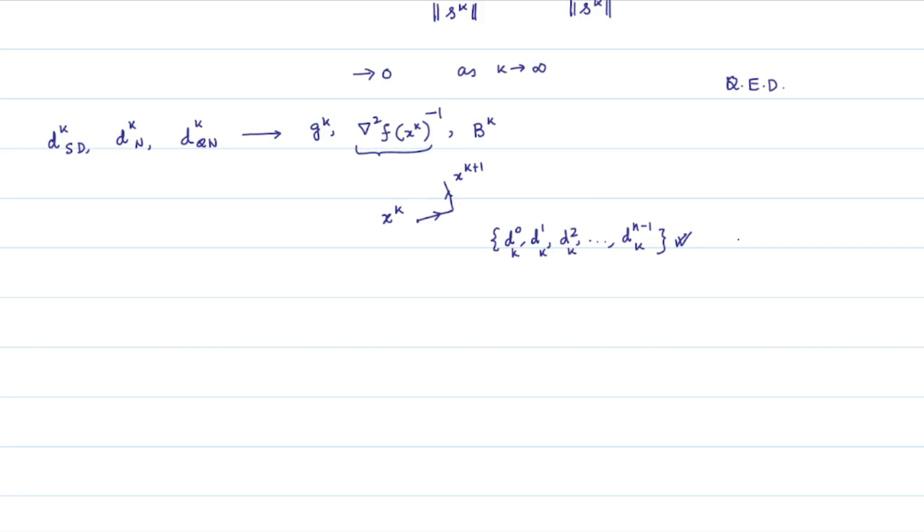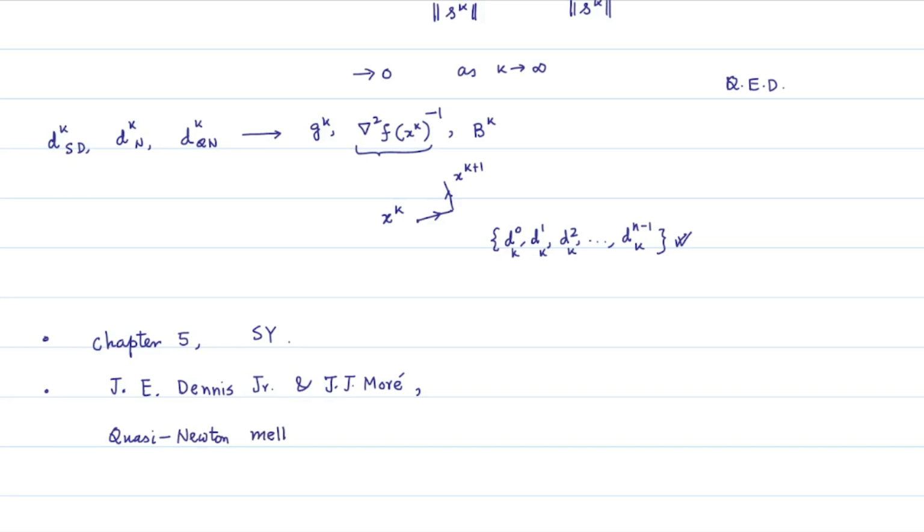And here I must mention that for a more detailed convergence result of the quasi-Newton method, you may please look at chapter 5 of Sun and Yuan's book, and a nice classical reference for quasi-Newton methods, motivation and the theory, is the article by Dennis and Moré entitled Quasi-Newton Methods, Motivation and Theory, which came out in SIAM Review in the year 1977.